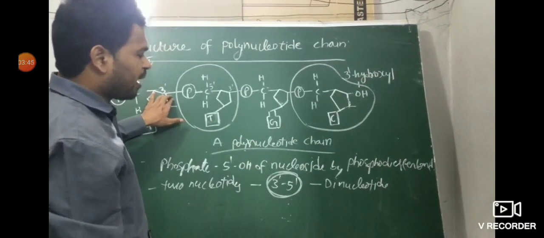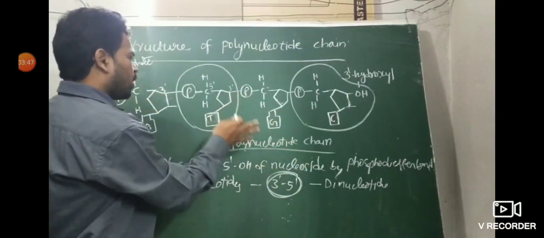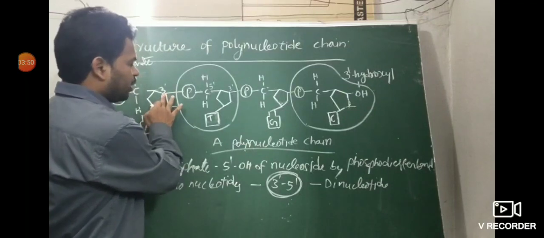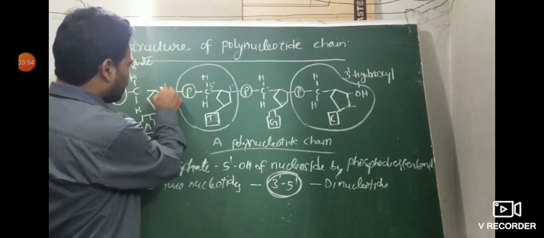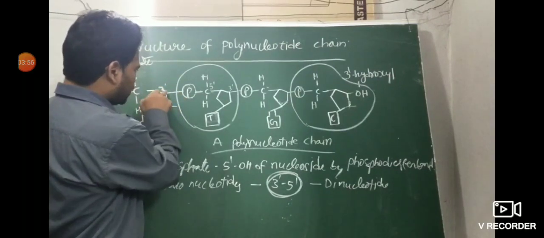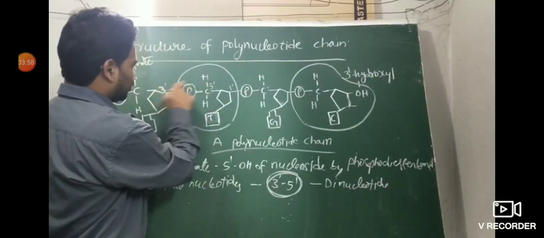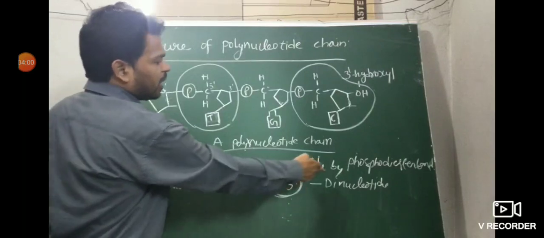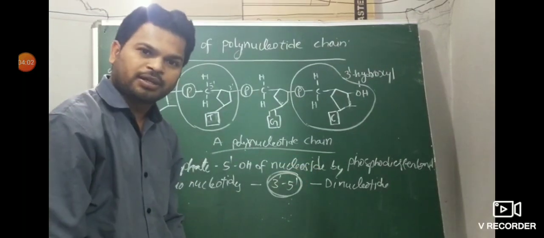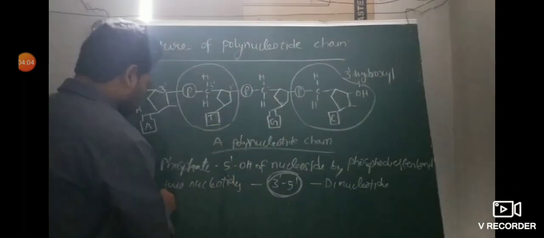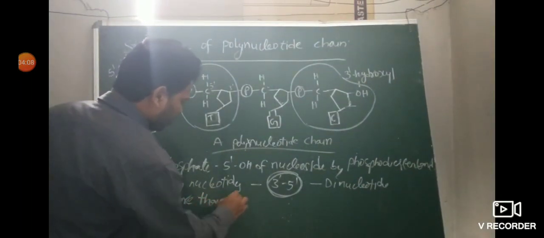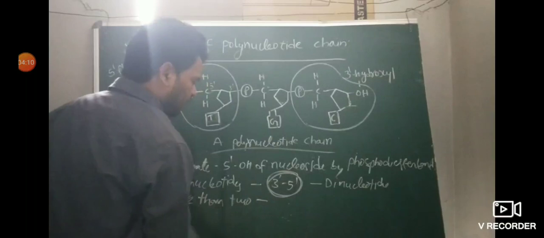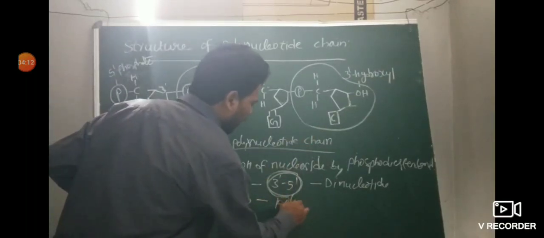That's why another nucleotide or anything will be joined here only. So this nucleotide and this nucleotide join at the 3', onwards in the 3' to 5' direction. Then they form a dinucleotide. When more than two nucleotides join together, they form a polynucleotide.